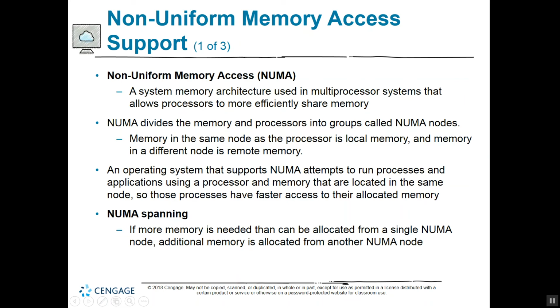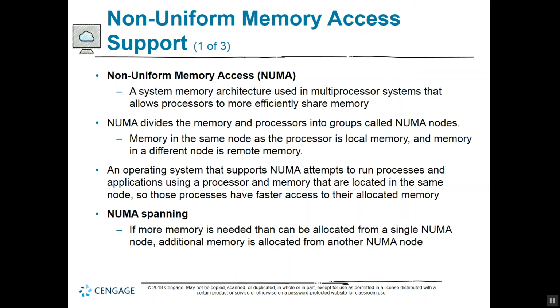All right. So we've got non-uniform memory access, or NUMA, and it's a system memory architecture that is used in multiprocessor systems that allows processors to more efficiently share memory. NUMA divides the memory and processors into groups called NUMA nodes.